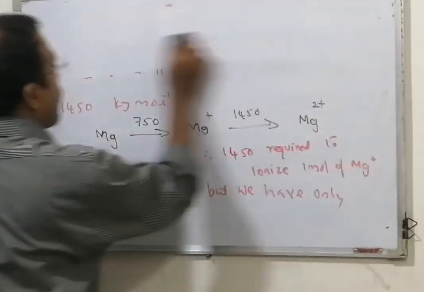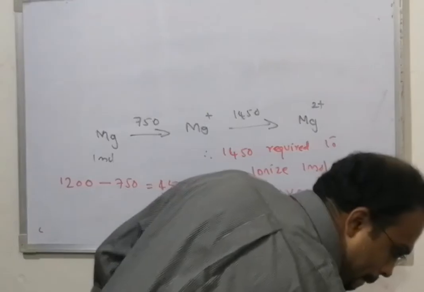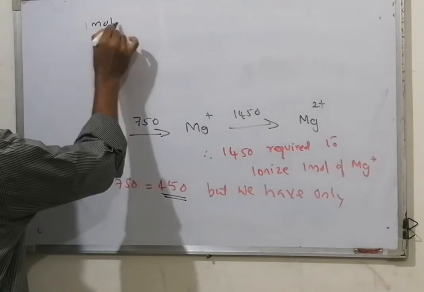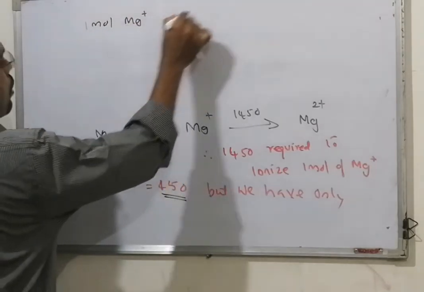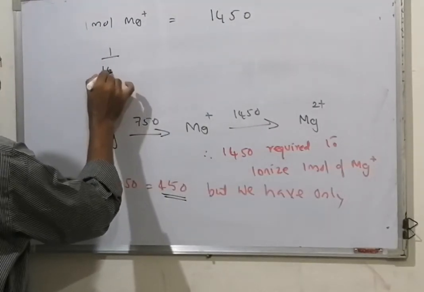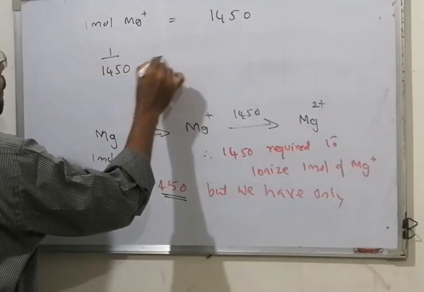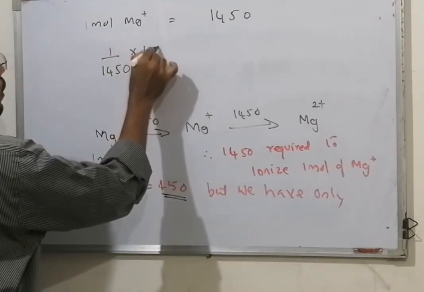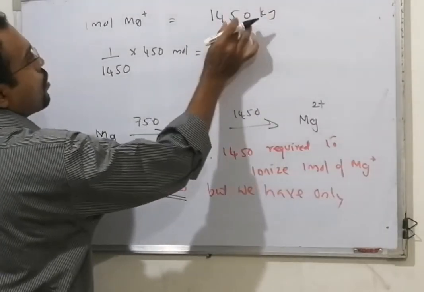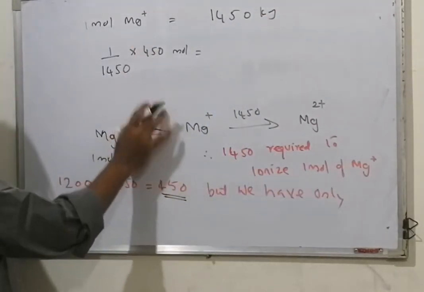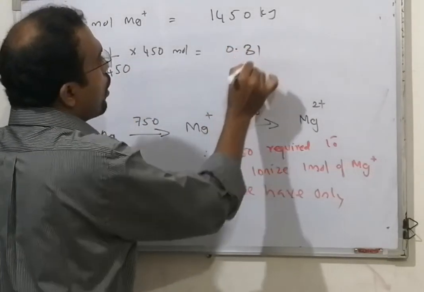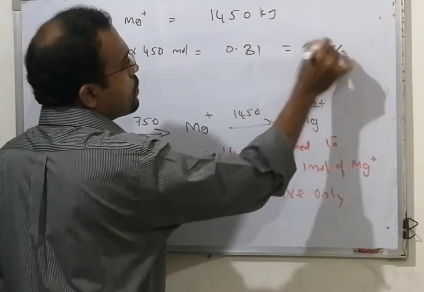Therefore 1 by 1450 into 450 mole. This much only we can ionize. What is this value? This is 0.31 or 31%.